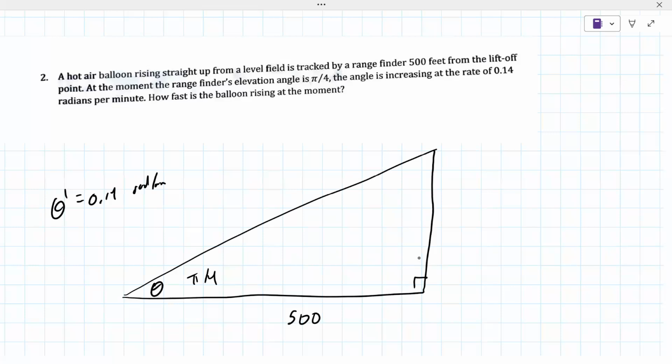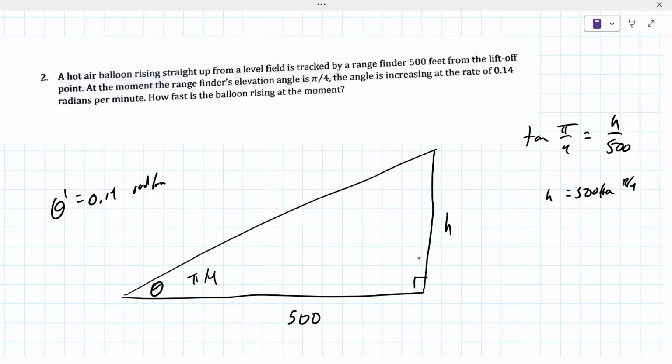Okay. So we need the height, and the height you can calculate using trig. You can do the tangent of theta, the tangent of pi over 4 equals h over 500. H equals 500 tangent pi over 4. So how would you know when to use tangent to find that?